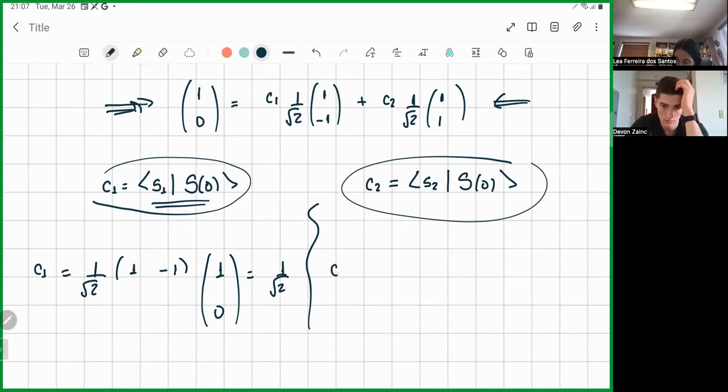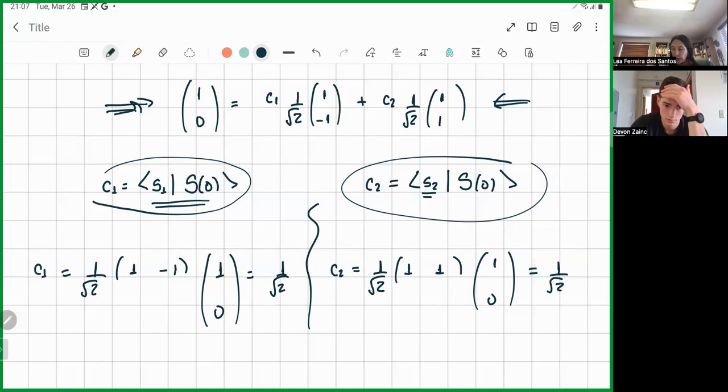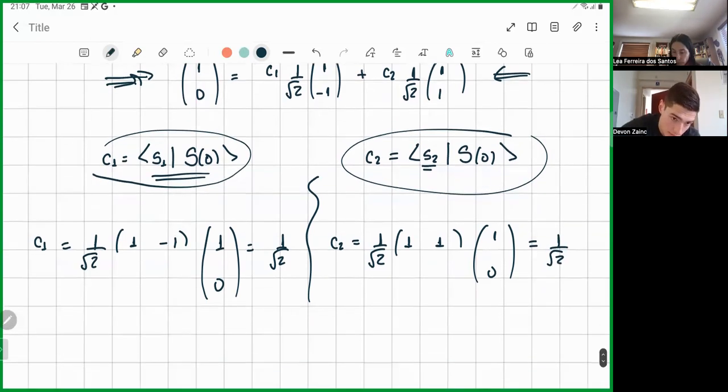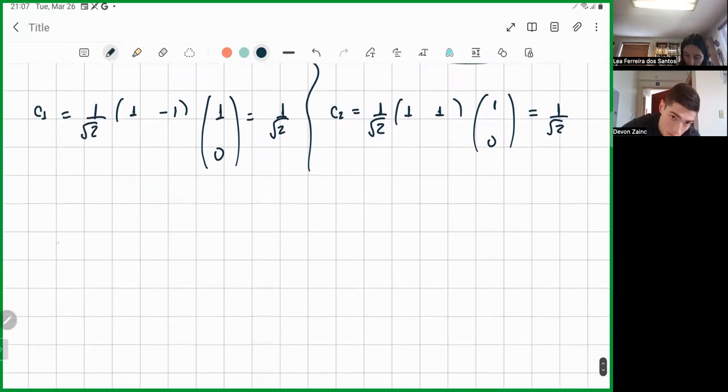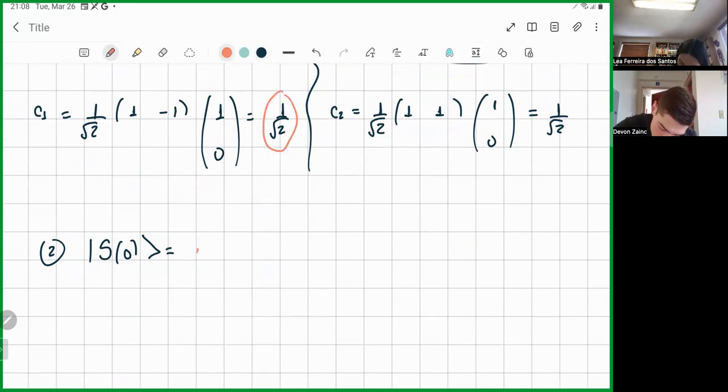What is our C2? Very similar, but now the S2 is 1 over square root of 2, 1 and 1. But you see, again, we get the same value, the same 1 over square root of 2. Okay, so second step done. We found that our initial state can be written in terms of those eigenstates, those eigenvectors, as C1 is this, so I'm going to put it here.